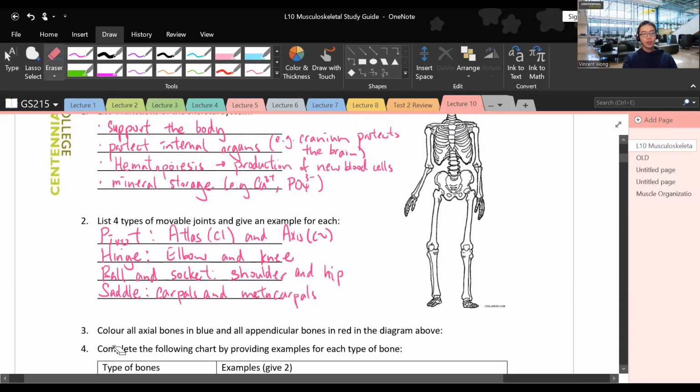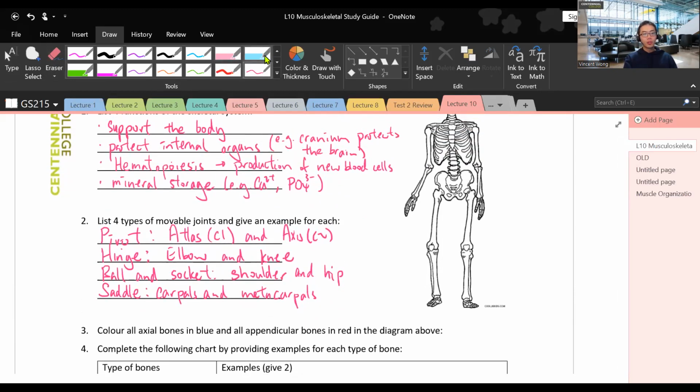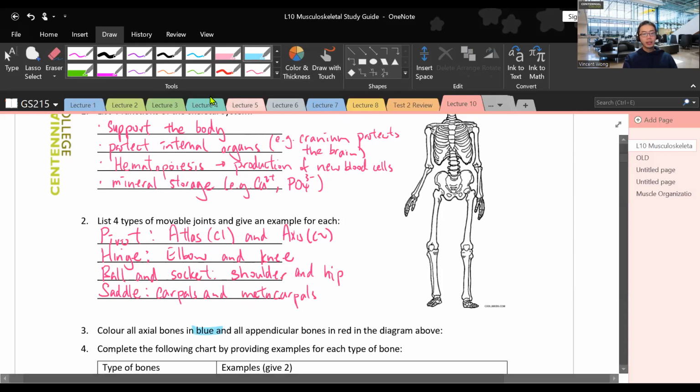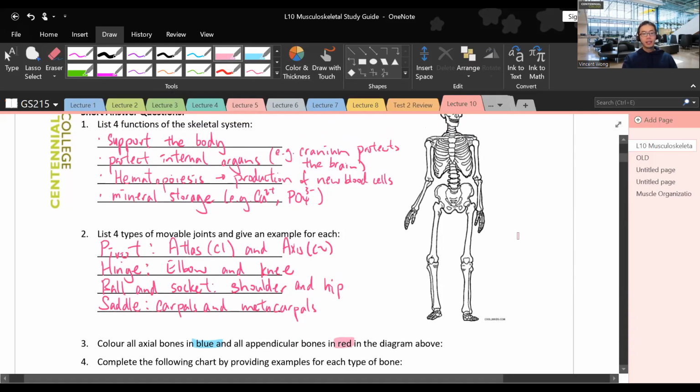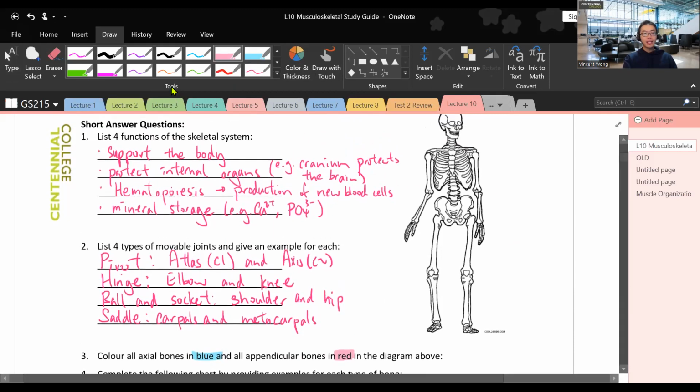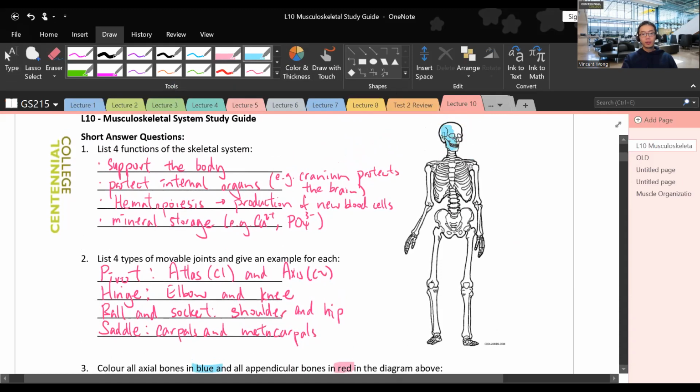Okay, next question. Color all the axial bones in blue and all the appendicular in red. Okay. So axial includes the skull, the vertebral column, right, the sacrum, and then the tailbone, the coxal bone.